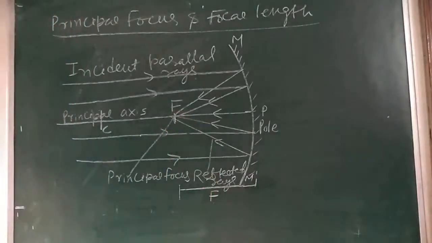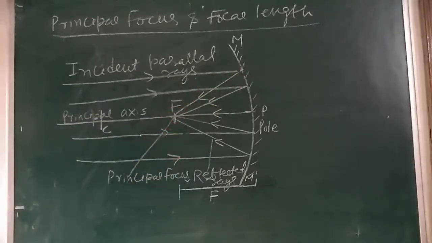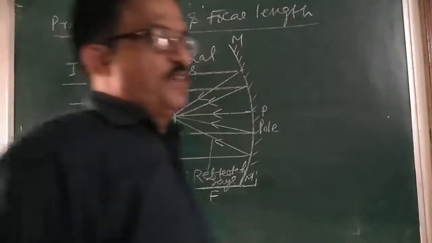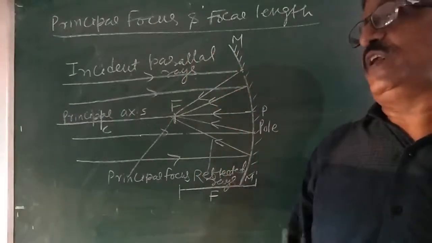So draw the diagram. This is a very simple diagram. A ray parallel to the principal axis after reflection meets at a point F. So what is the definition here? What is the principal focus of a concave mirror?